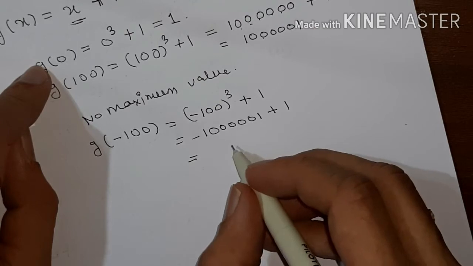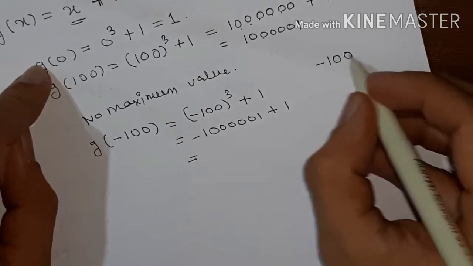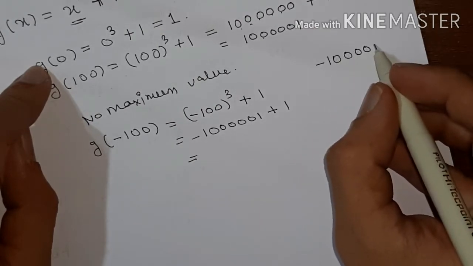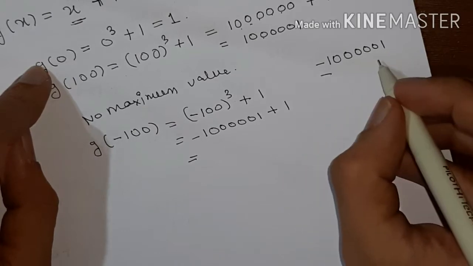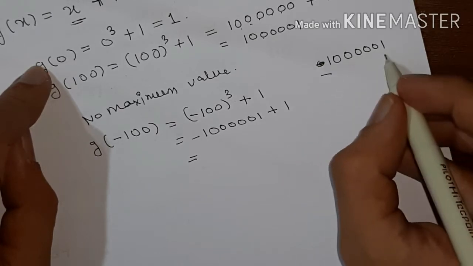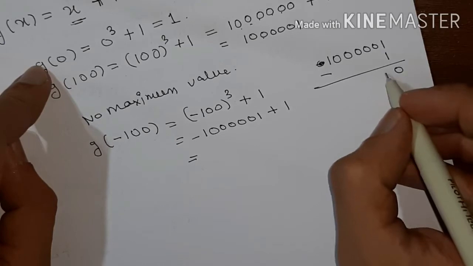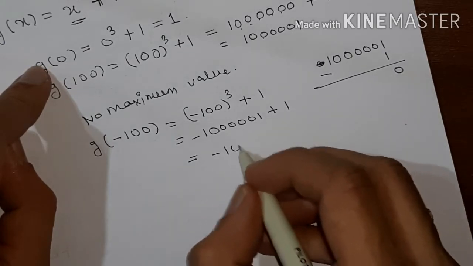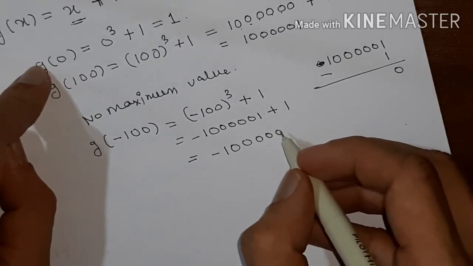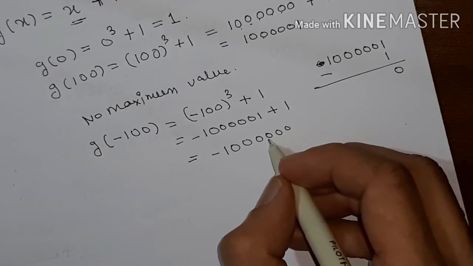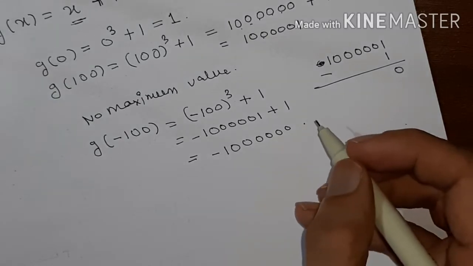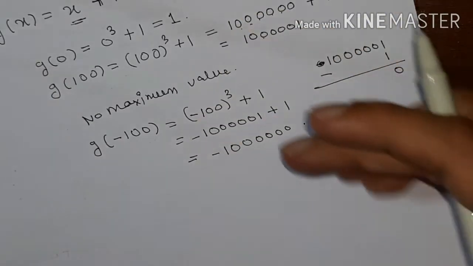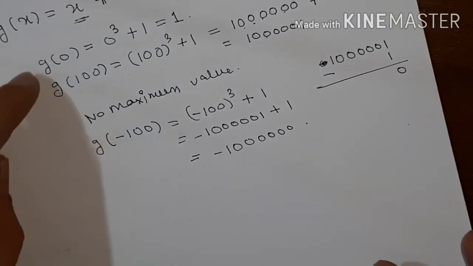If you subtract, what you will get? 0 minus 10 lakh. So you see that the quantity keeps on decreasing.